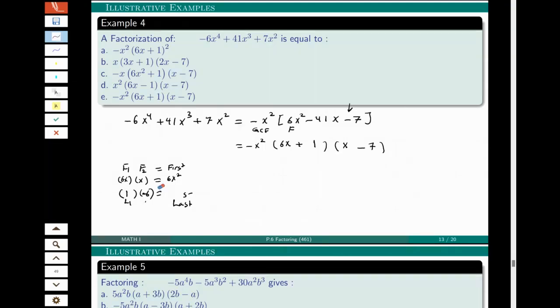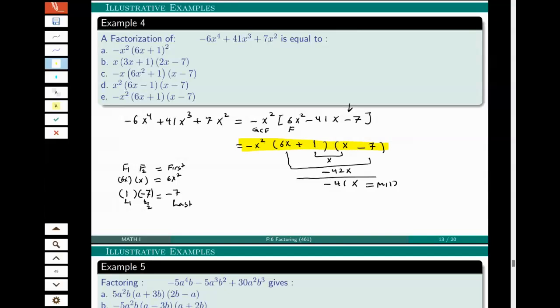So last number 1 times last number 2 should give you the last, which is minus 7. And inside, which is x, plus outside, which is minus 42x, should give you minus 41x, which is the middle.